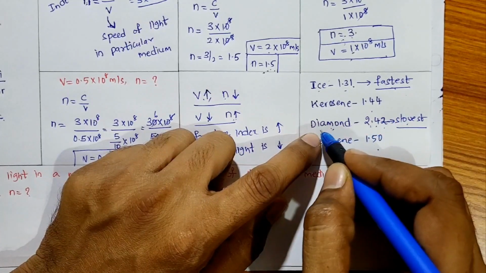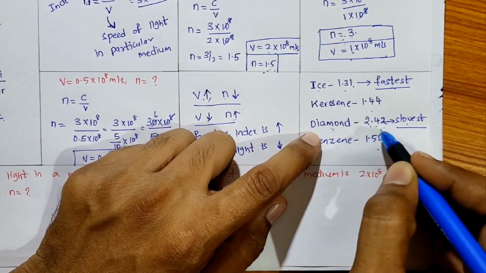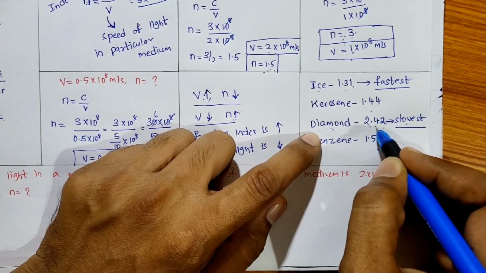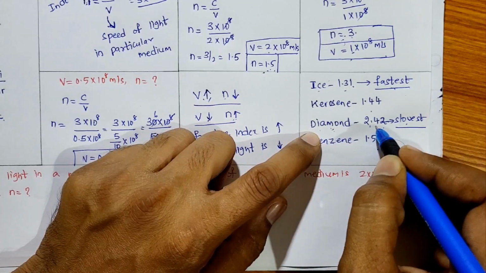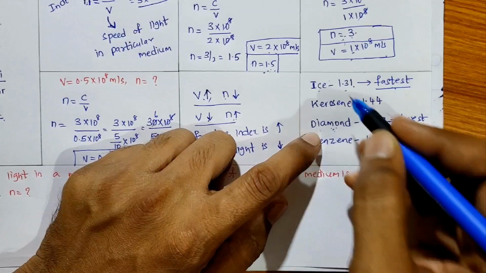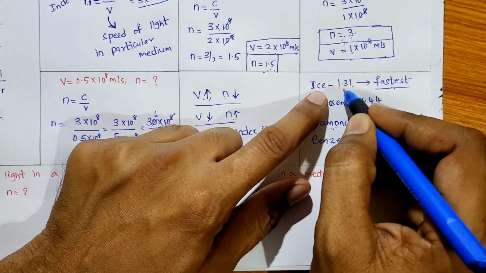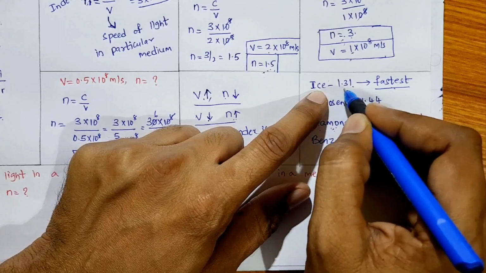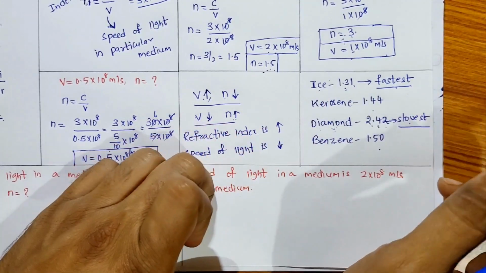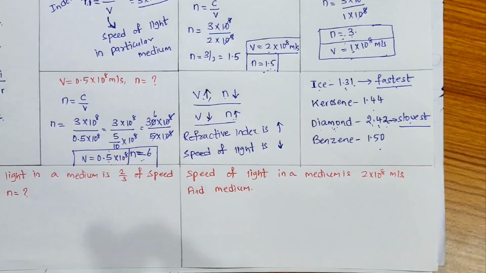Diamond refractive index is more, so optical density of diamond will be maximum. Refractive index of ice is least, so optical density of ice will be least. Understood or not? I hope you understood.